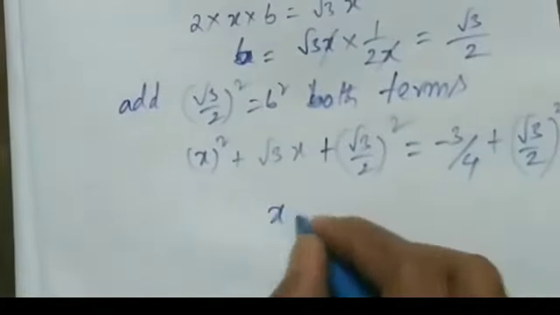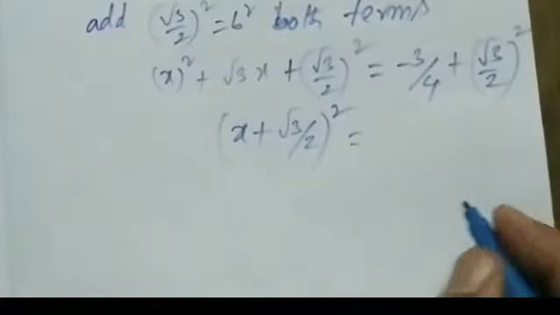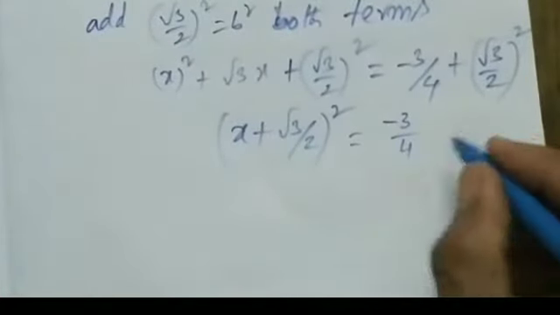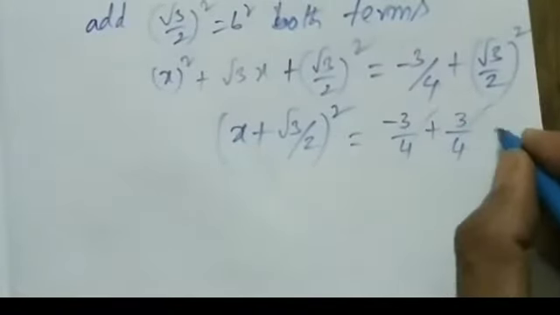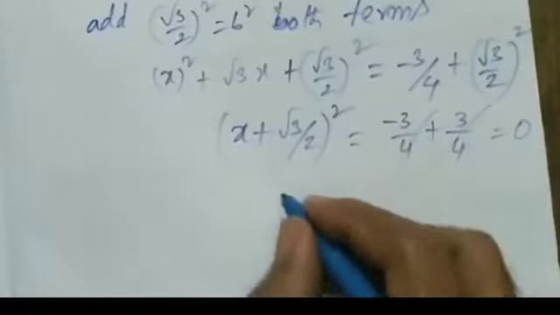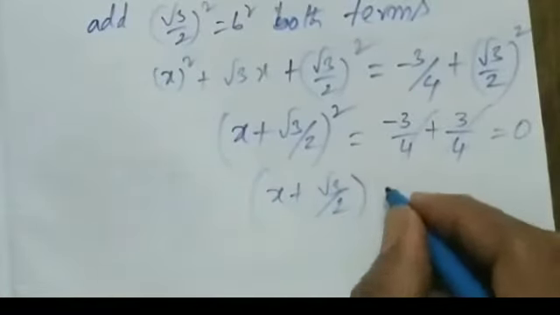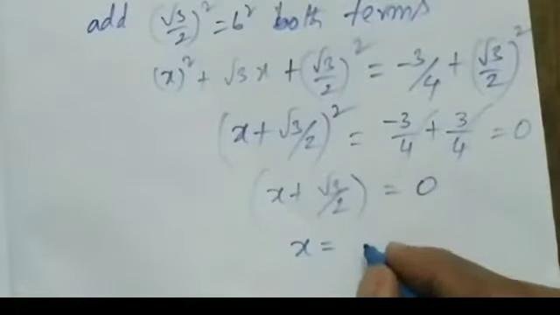Now the LHS part is a complete square, so it becomes a plus b whole square, x plus root 3 by 2 whole square, and the RHS part we have to simplify. Root 3 whole square means 3, 2 square means 4, minus 3 by 4 plus 3 by 4 cancels, becomes 0. So a plus b whole square equals 0, a plus b also 0.